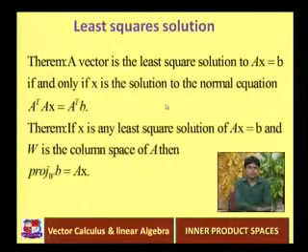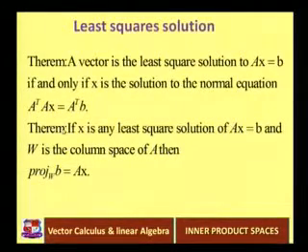Okay, so let us see another theorem. If x is the least squares solution of the system Ax equals b, and W is the column space of A, then the projection of b on the subspace W is equal to Ax.